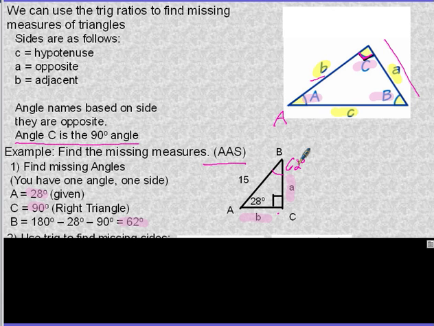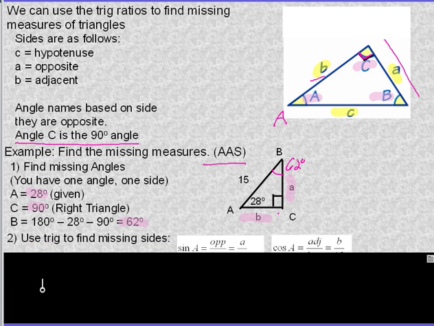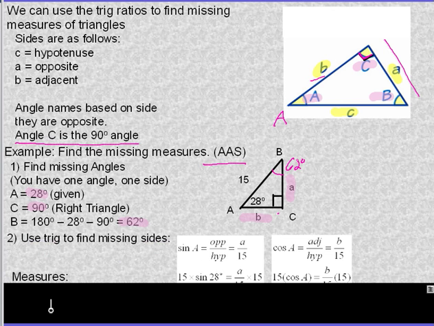How are we going to find our missing sides? Well, we're going to use trig ratios and proportions. We know that sine of A is opposite over hypotenuse. So sine of 28 degrees is equal to our opposite, a, over our hypotenuse, 15. And you're going to figure out what ratio to use based on the sides that you have. Here I have the hypotenuse, so I could use either cosine or sine, or even reciprocals like cosecant or secant.